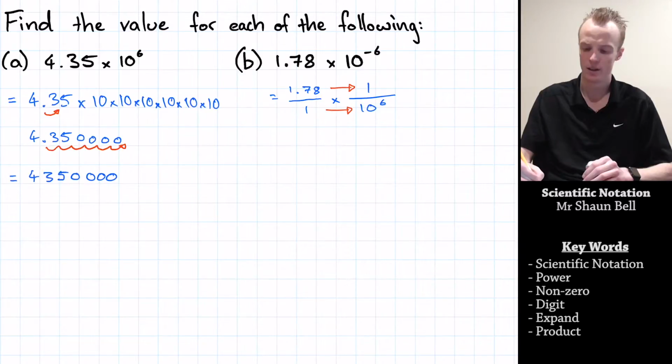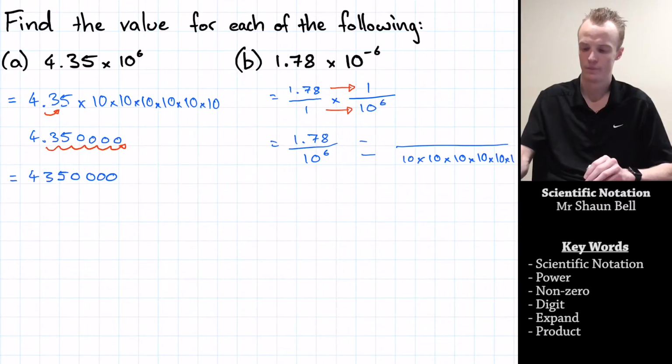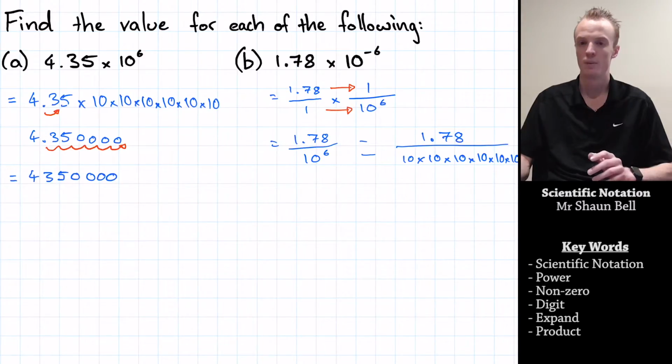So this essentially equals 1.78 over 10 to the power of 6. But we know that 10 to the power of 6 is essentially 10 times 10, 6 times. And the 1.78 is still at the top. So what we're saying is it's 1.78 divided by 10, 6 times.